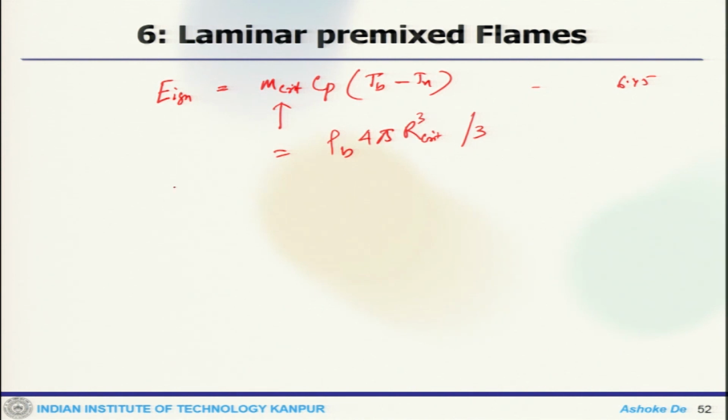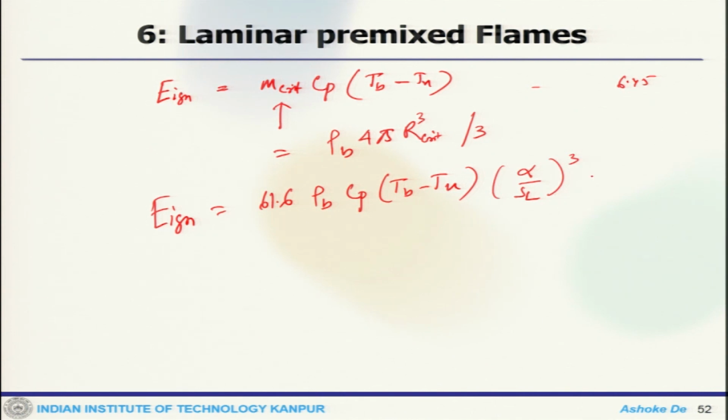So, if you put this back, you can write this as 61.6 rho b Cp (Tb minus Tu) times (alpha by SL) cubed. So, that is one way to express this, which becomes a function of burn density, temperature, and the flame speed.